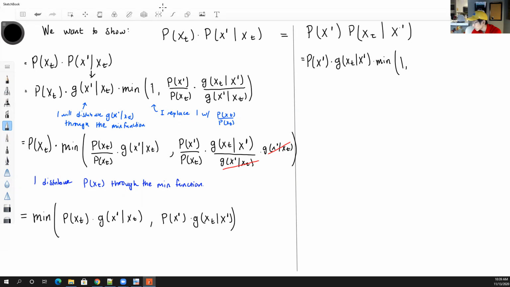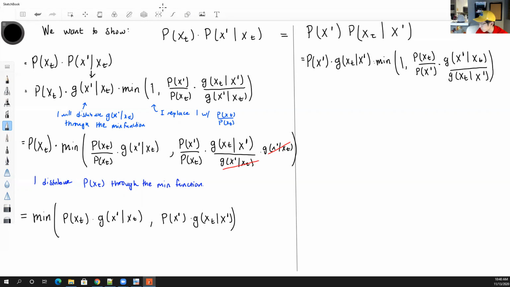Now we're going from x prime to xt, so it's the probability of going to xt given that we're currently at x prime, times g of x prime given that we're at xt, divided by g of xt given that we're at x prime.